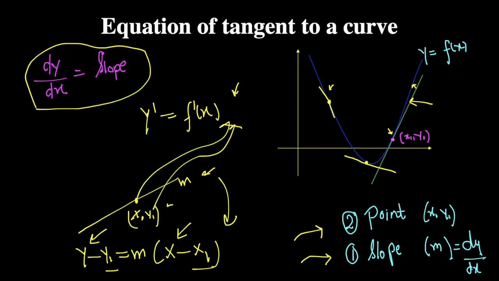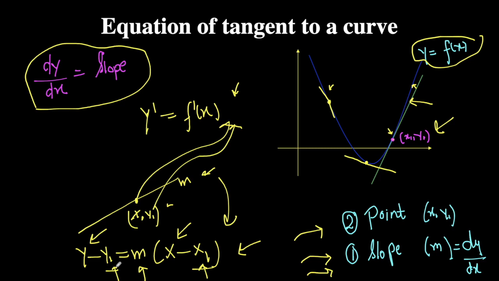So first we evaluate the slope of the tangent by differentiating and putting in the point, and then we find the equation of the tangent by putting in the slope and the point given. This is the way you can find the equation of any tangent to a curve.